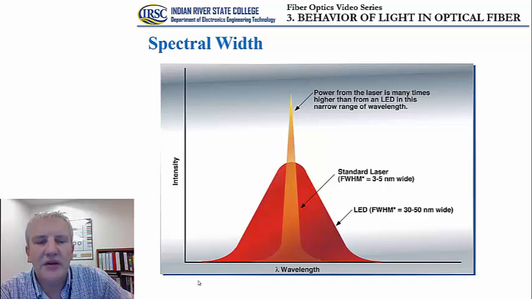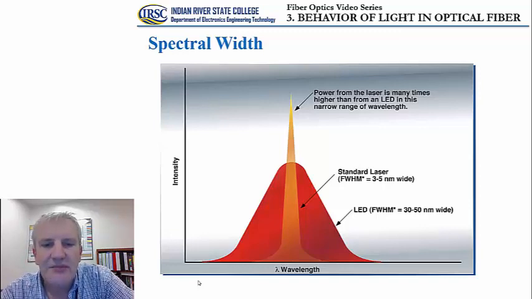So if you compare the two distinct patterns here on this specific slide, one for the light that's coming out of an LED, and another one that's coming from a standard laser, we'll see that the spectral widths are very different. So what we are getting from an LED is a much wider range of wavelengths.